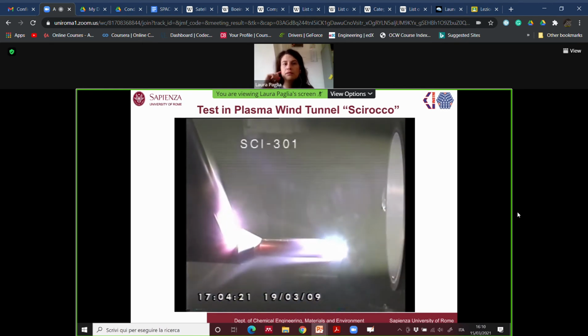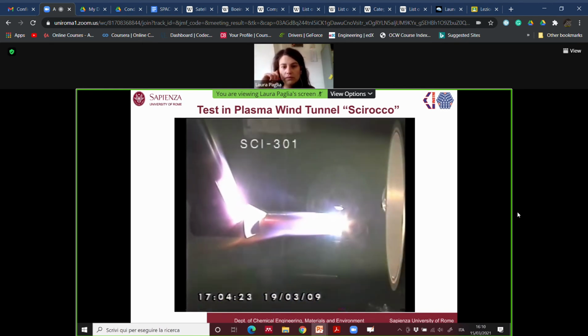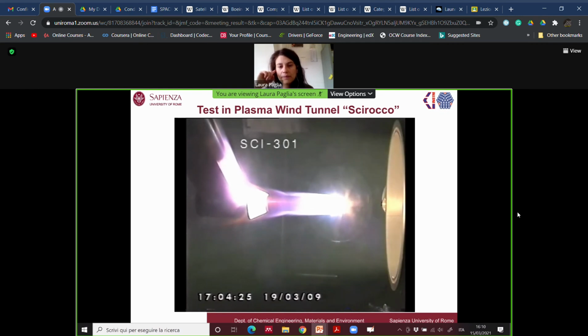Okay, and this is the video of the test. You can observe that we have this probe which goes into position during this procedure. Obviously, the heat flux of the nozzle is already stabilized. Okay, so the flux is constant.